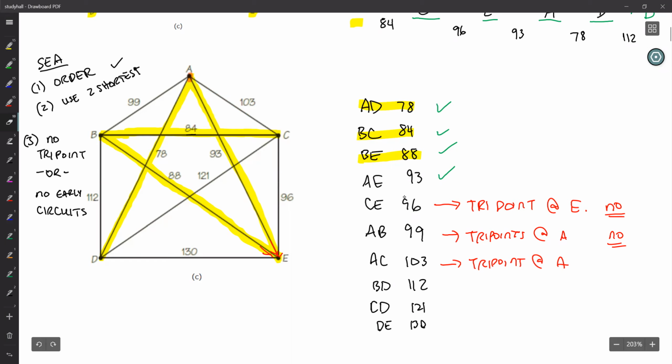If I were to try to highlight this, it's going to have a tri-point at B. So we don't want to use that one. And then finally, CD finishes off my star here, right? That one finishes my circuits. That one is okay. So that would give me the answer here.